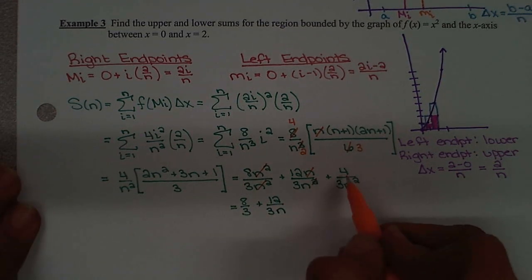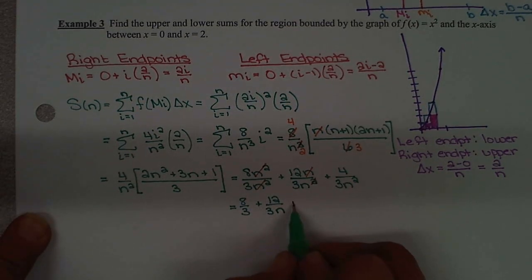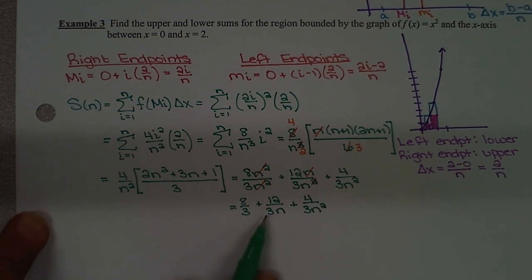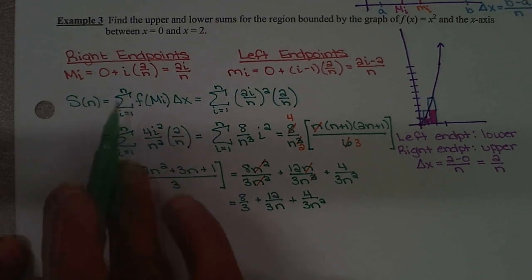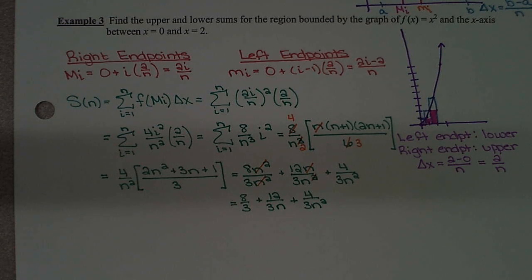And here, nothing cancels, so I just have a plus 4 over 3n squared. So now I can choose whatever number of rectangles I want, plug it into here, and that's going to tell me what my upper sum is going to end up being. So this is my over guesstimate.